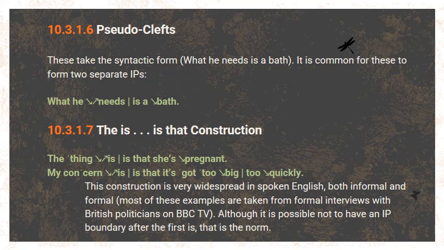My concern is that it's got too big too quickly. This construction is very widespread in spoken English, both informal and formal, and most of these examples are taken from formal interviews with British politicians on BBC TV. Although it is possible not to have an IP boundary after the first is, that is the norm.